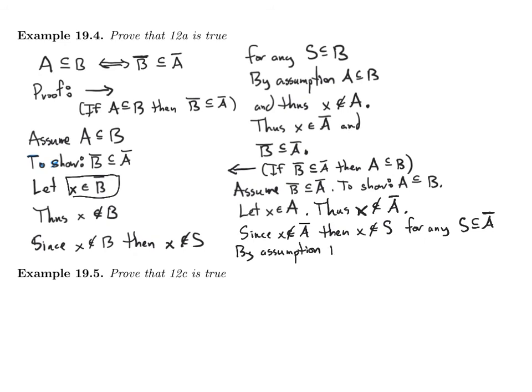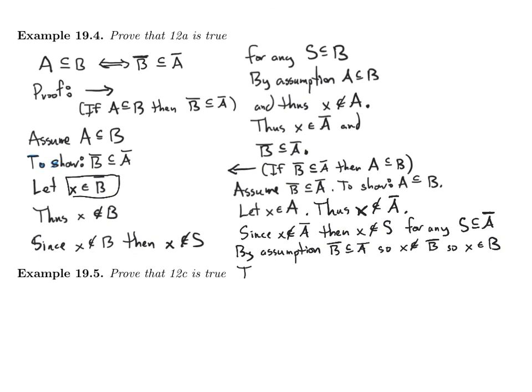And by assumption, we know that the complement of B is a subset of the complement of A. So X isn't an element of the complement of B. So it does mean that it's an element of B itself. If it's not in the complement, it's in the set itself. Well, what do we have?